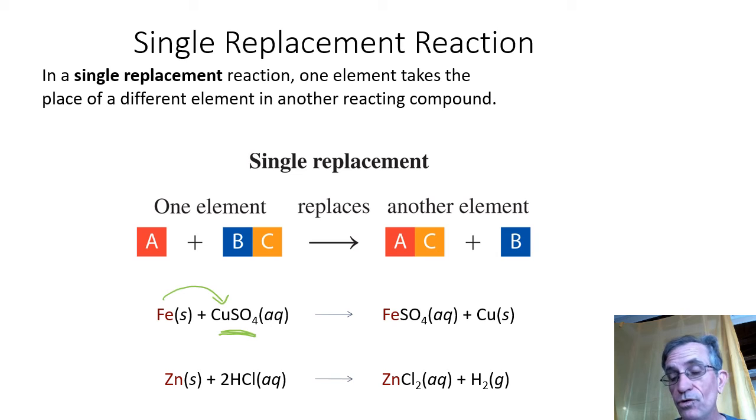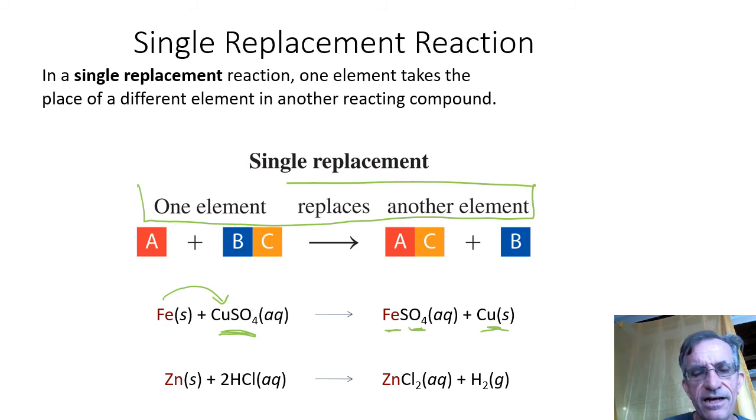So the new person joins up with, in this case, sulfate, and copper ends up all alone. One thing is getting pushed out of a compound. Another way of saying that is one element is replacing another element, kicking out another element.